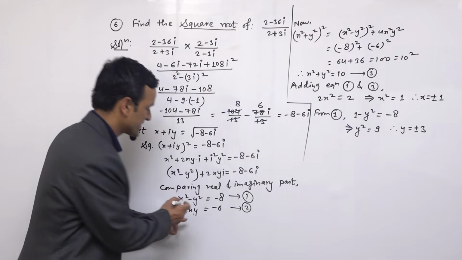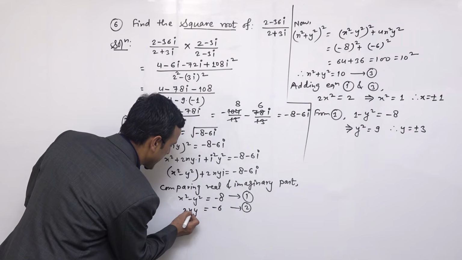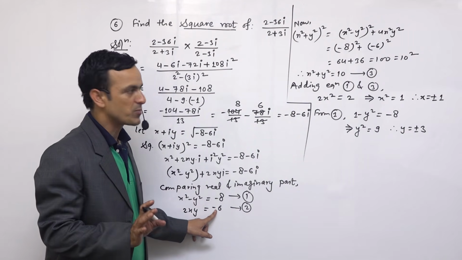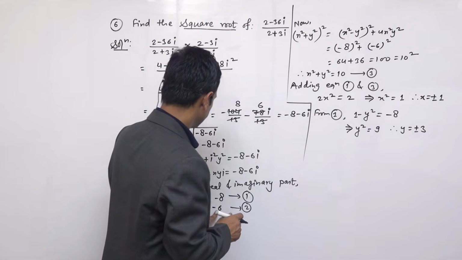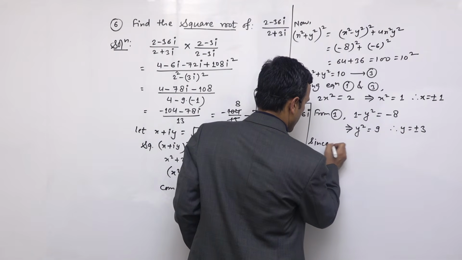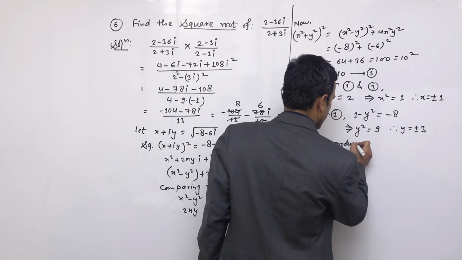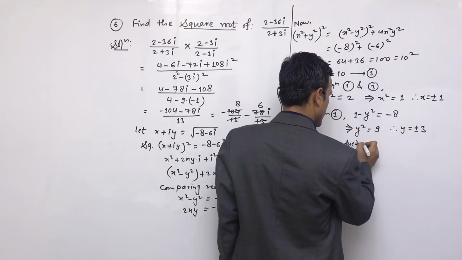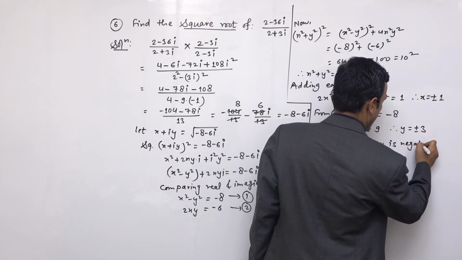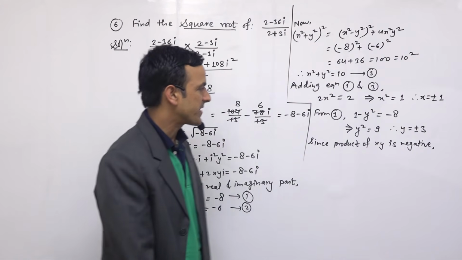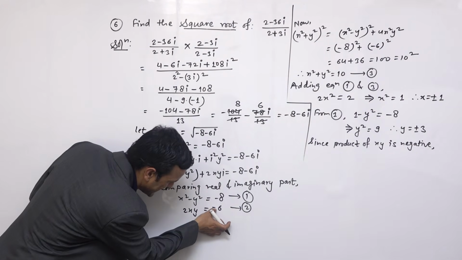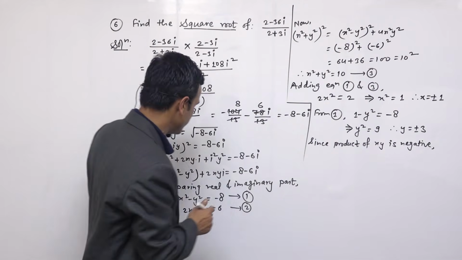साइन को पनि कुरा गर्नुपर्छ. 2xy जुन साइन छ यहाँनेर, x र y को प्रोडक्ट नेगेटिभ हुनुपर्छ. x र y को प्रोडक्ट नेगेटिभ भयो भने हामी चाहिँ यस्तो तरिकाले गर्छौं. Since product of xy is negative, here is negative, x into y is negative here, so write down negative.